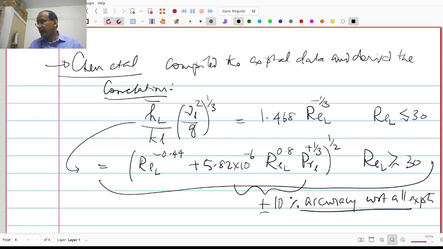So the diagram that represents this can be shown here. I'll just draw this figure.